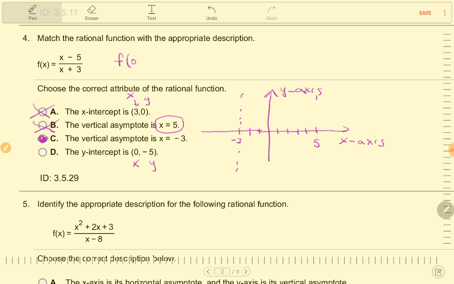Does f of 0 equal negative 5? Let's see. That would be 0 minus 5 over 0 plus 3, which is negative 5 over 3, which is definitely not negative 5. So this one is not true either. So C was the best answer indeed.